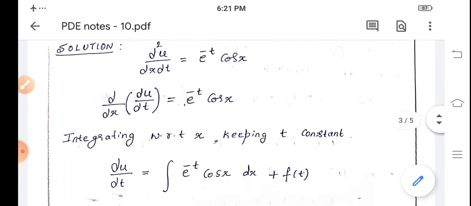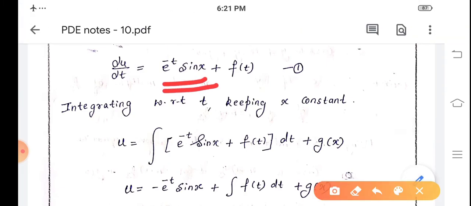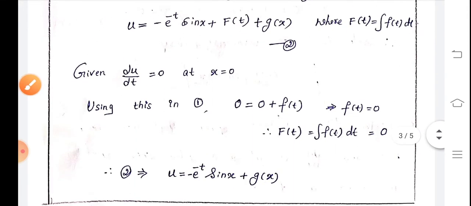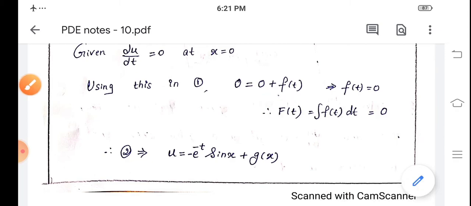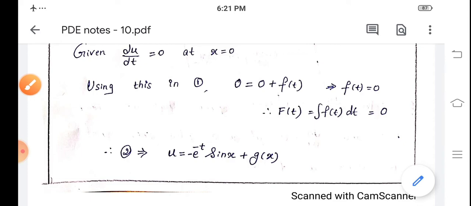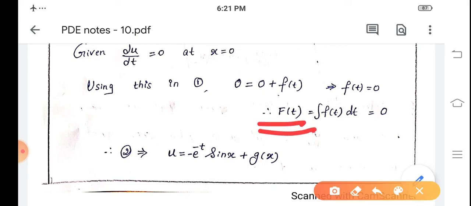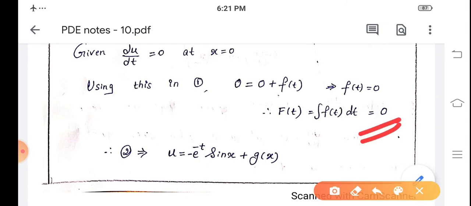We obtain e^(-t) into sin 0, that will be 0, plus the next term f(t). So we obtain 0 + f(t), or f(t) = 0. Since f(t) is 0, capital F(t), which is the integration of f(t), is also equal to 0.